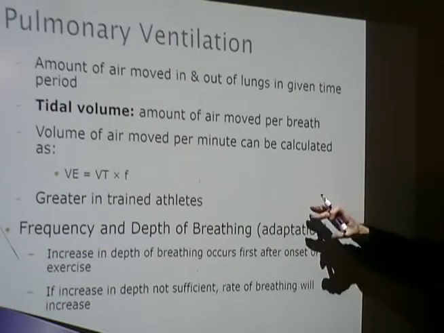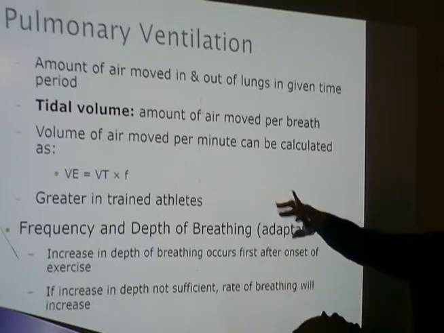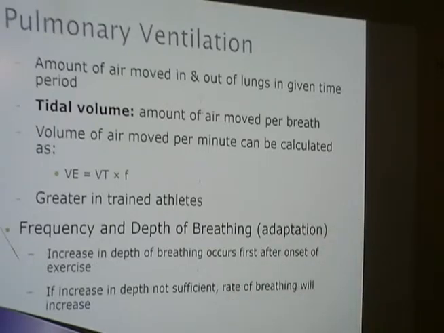In a trained endurance athlete, we see a much larger ability to move air around than we do in someone who's not trained. For a sedentary male, their VE, how much air per minute, is somewhere around 8 litres per minute. And when they're exercising, it can go up to around 112, 113.